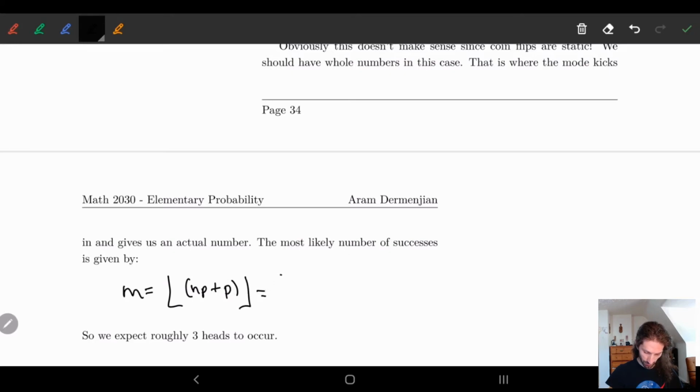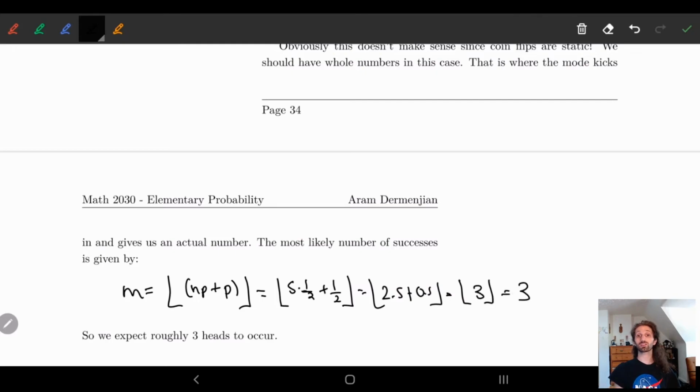So we have 5 times 1/2 plus 1/2, so we have 2.5 plus 0.5, which is 3. So we remove the decimal part and we get 3. In other words, we expect roughly 3 heads to occur. This number 3 is going to be the most probable number of heads to occur.